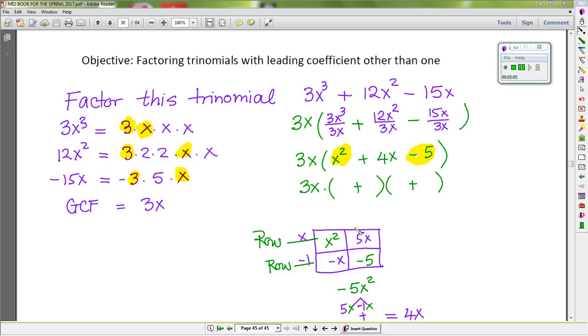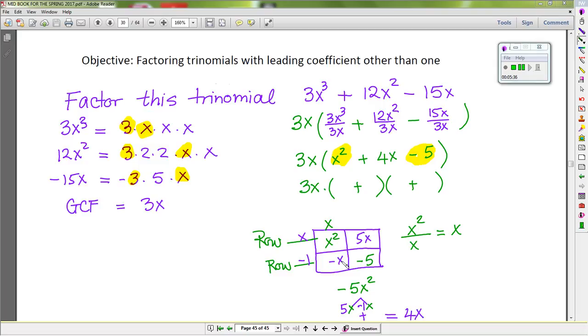Now to find the two missing terms for our columns, you can find the greatest common factor again, or you can do it the way we showed in the previous video. You take the term inside and divide by the greatest common factor, and that tells you what to put for the quotient here.